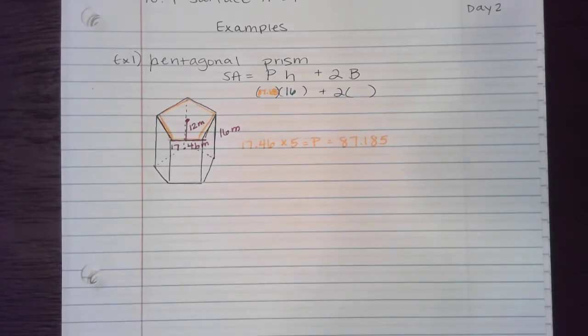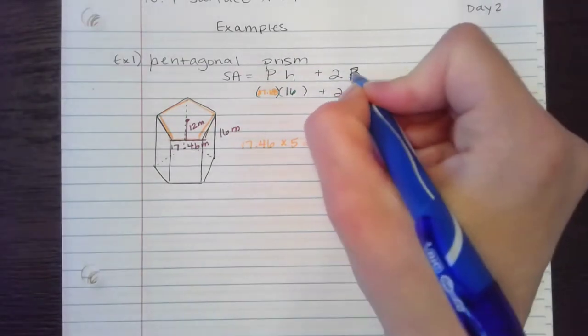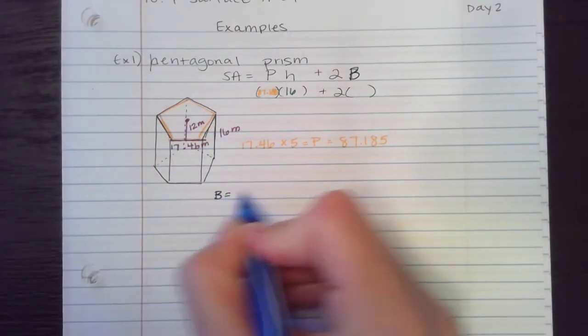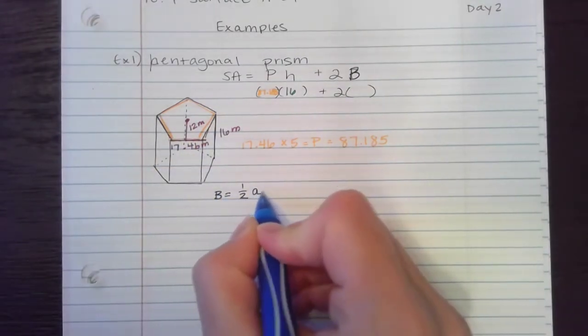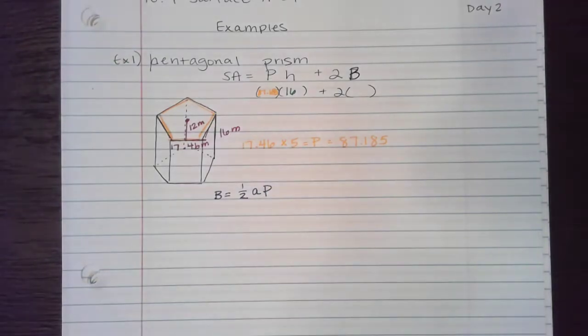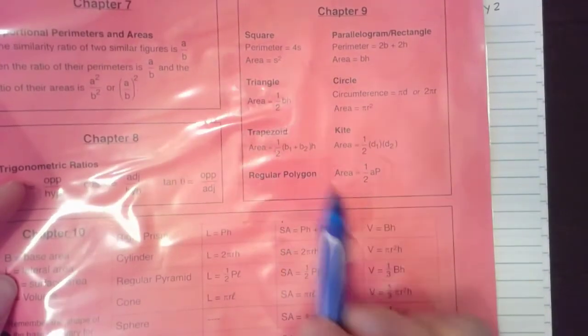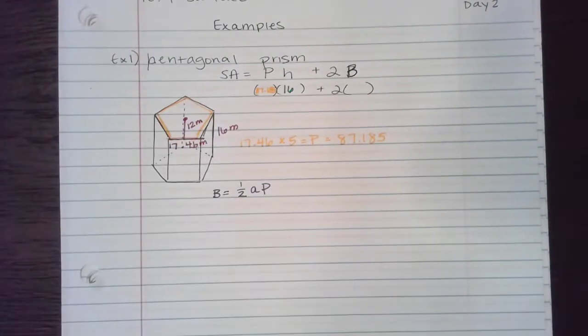And lastly, our base. In this case, our base is a pentagon. So my base is 1/2 the apothem times the perimeter, or perimeter times apothem. I'm getting that again from our formula sheet. If I have a regular polygon or a regular pentagon, I'm going to use that area formula.